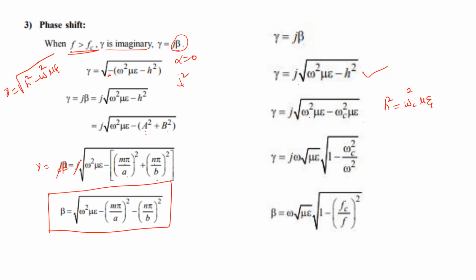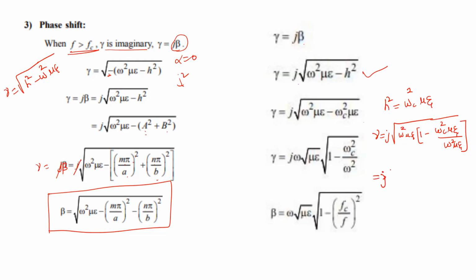if I take this omega square mu epsilon as common, we can write gamma as j root of omega square mu epsilon into 1 minus omega c square mu epsilon divided by omega square mu epsilon.